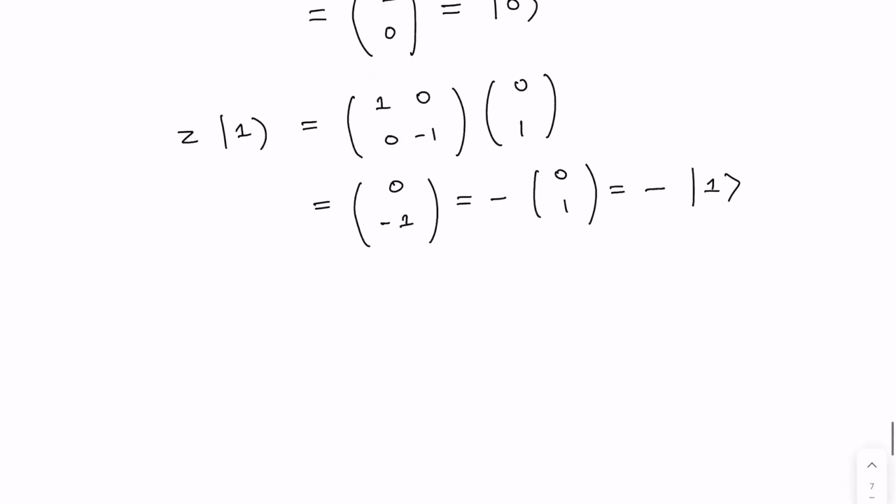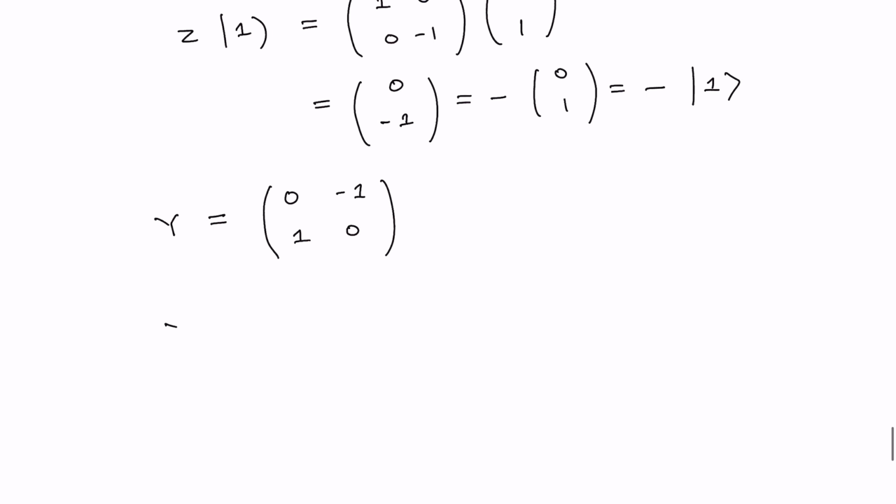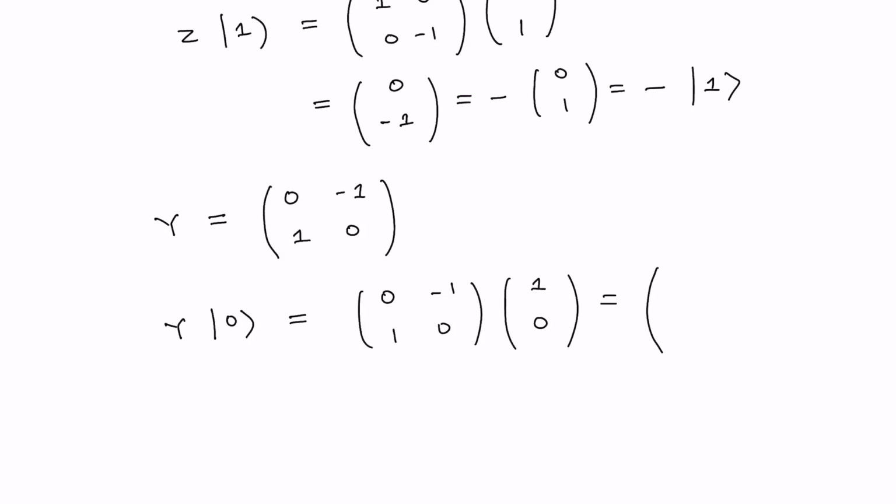And similarly, what about the Y gate? The Y gate is defined as the matrix [0 -1; 1 0]. Now if the Y gate operates on the |0⟩ state, [0 -1; 1 0] times [1; 0] gives [0; 1], so |0⟩ is going to get flipped to |1⟩.